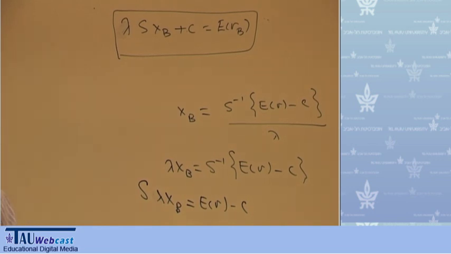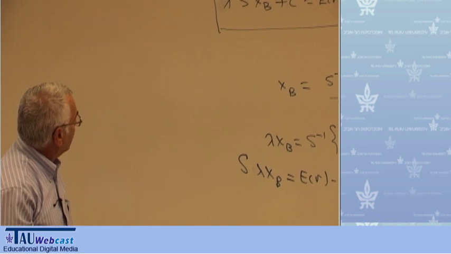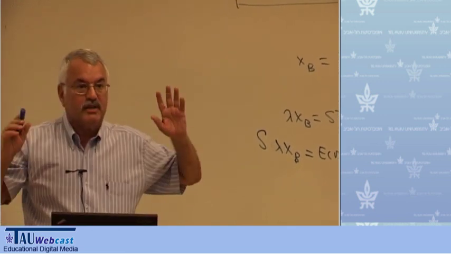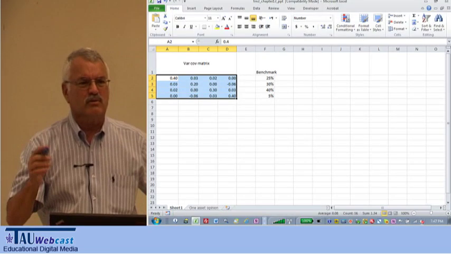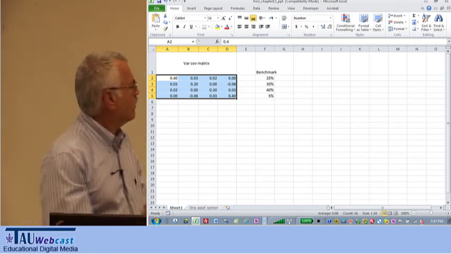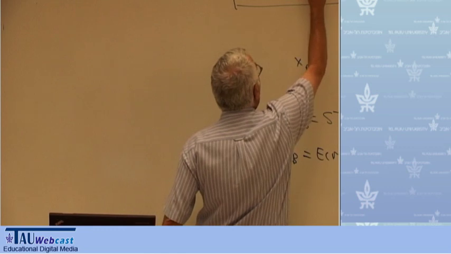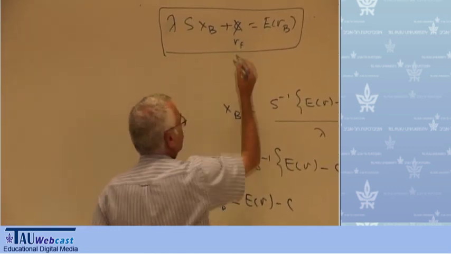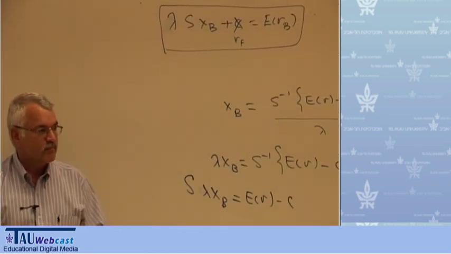Okay? Sorry, I forgot to add one thing. C is sort of a general constant. Instead of C, let me write the risk-free rate.